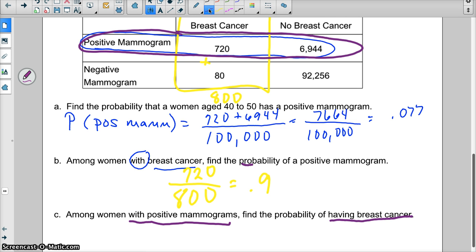Notice each time, whatever followed probability of was in our numerator. So how many women total had positive mammograms? Yes, when we add these two numbers, 7,664.